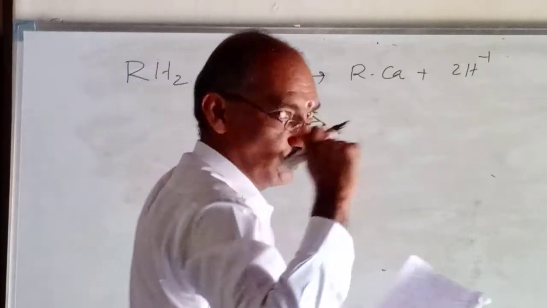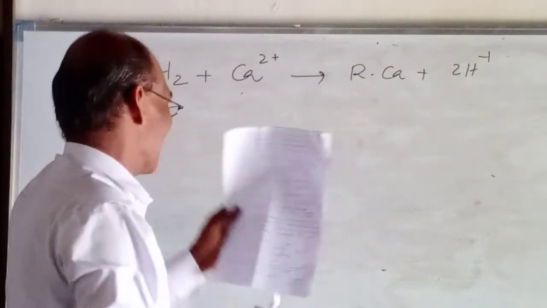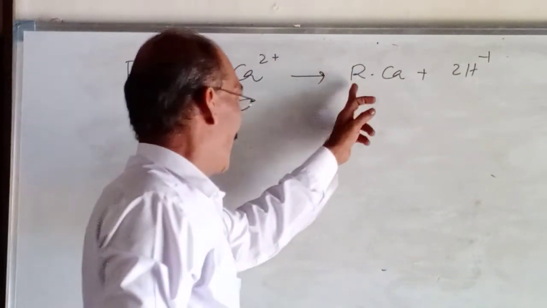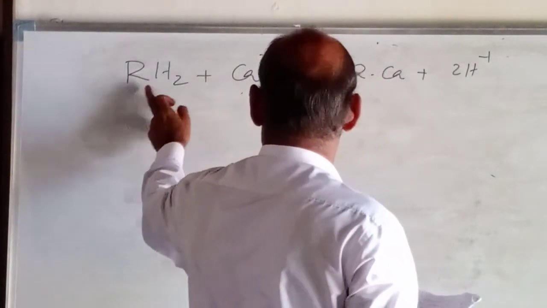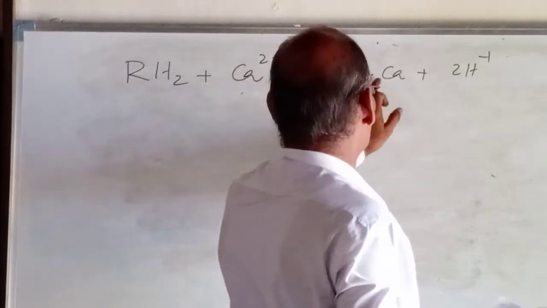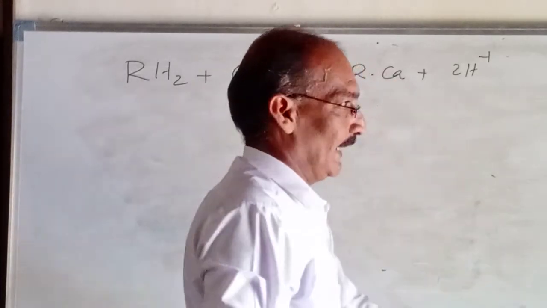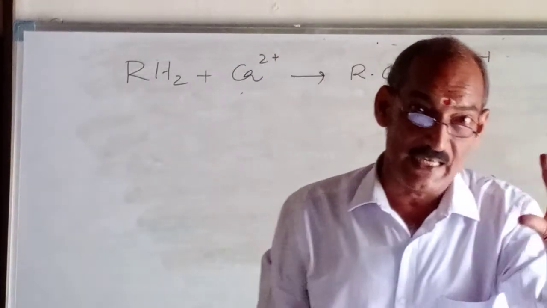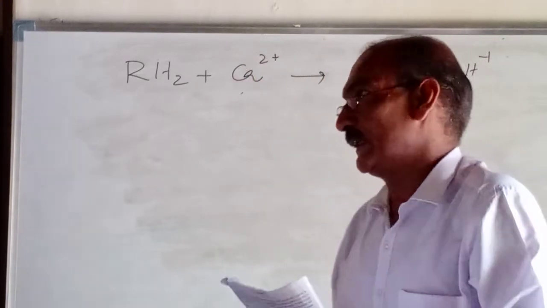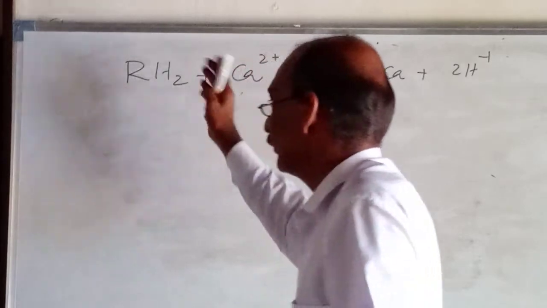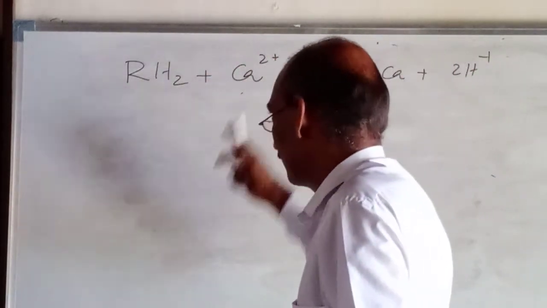Calcium valency is 2, alkyl group valency is 1. Therefore, here RCa, and here RH2 with 2 hydrogens. But this R is the general representation of the resin. In order to avoid such a misunderstanding, I wrote RH2 with 2 hydrogen atoms there, and Ca2 plus.